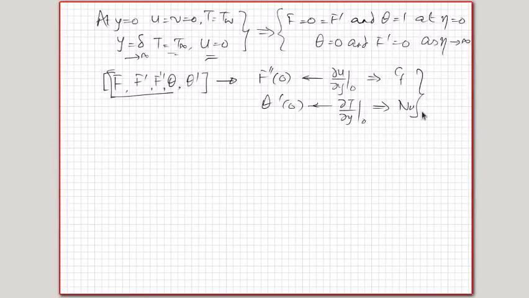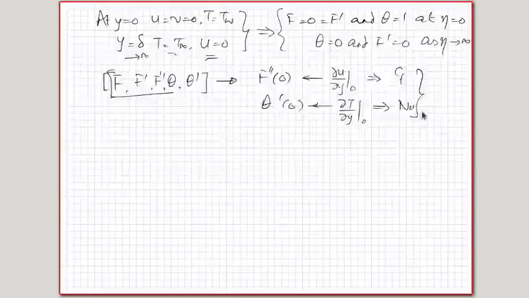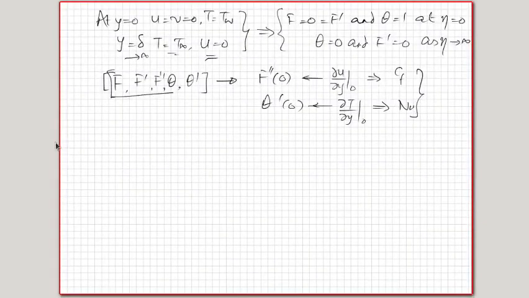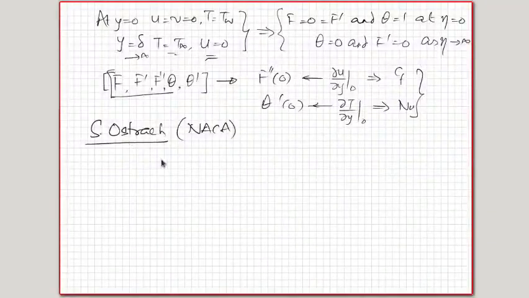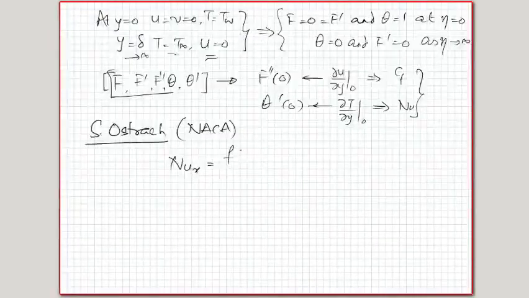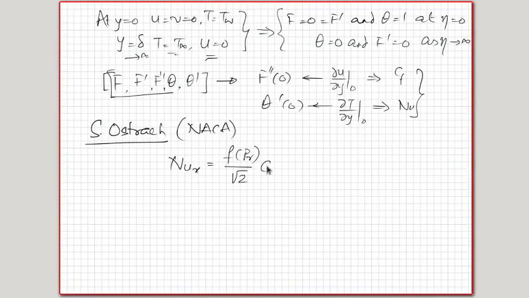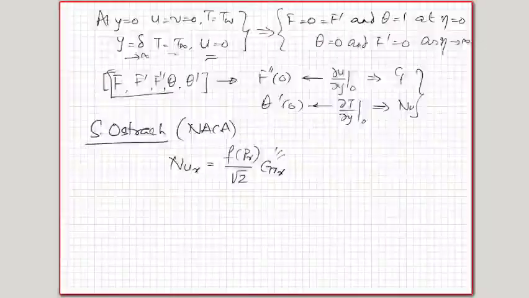So using this, this actually was first solved by Simon Ostrach. There is a NACA report in which he had solved this and published. So basically he found that for all cases, Nu_x would be equal to some function of Prandtl number divided by square root of 2 into Gr_x to the power of 1 by 4.